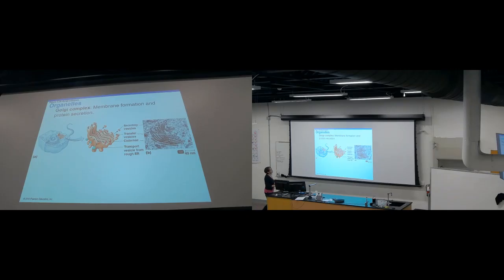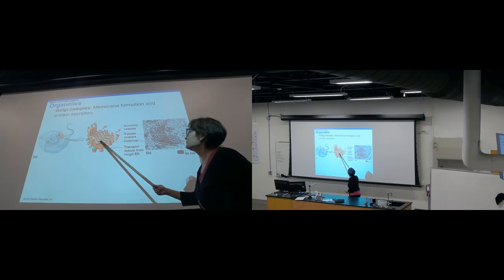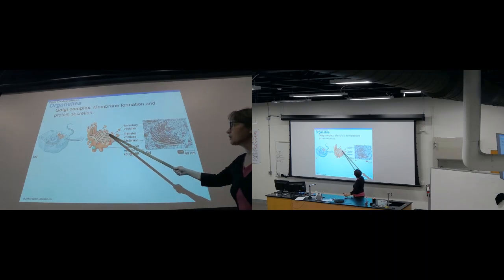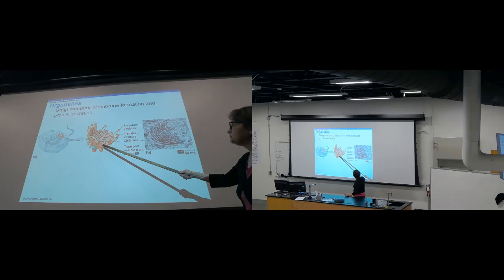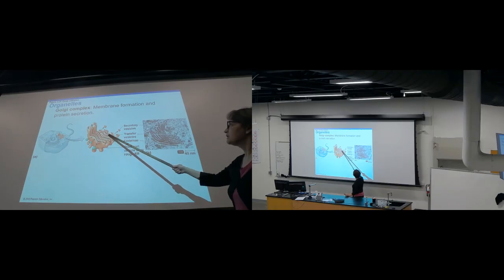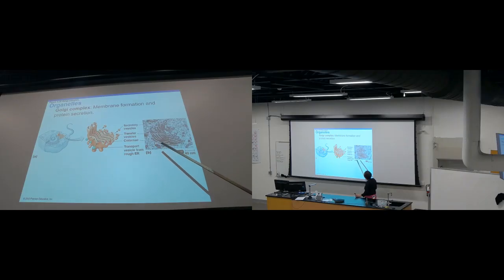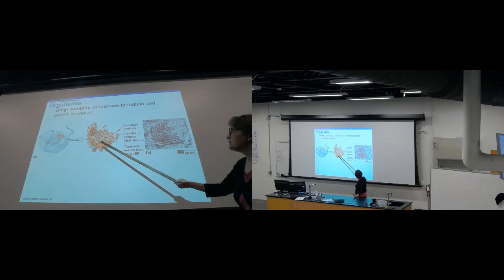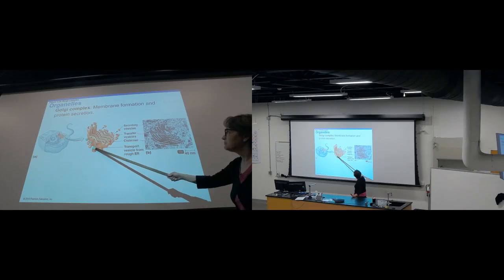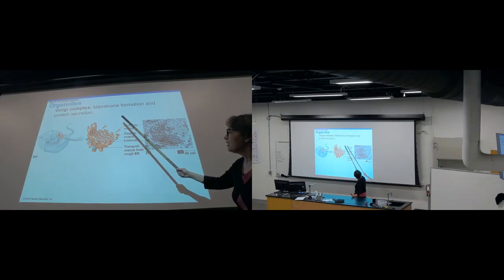So now for the Golgi complex. The Golgi complex, just as these other organelles that we saw, is made out of stacks of membranes that form a network. These spaces are called cisternae, and through these cisternae, you receive some of these vesicles coming from the rough ER, and then these vesicles move in this direction.